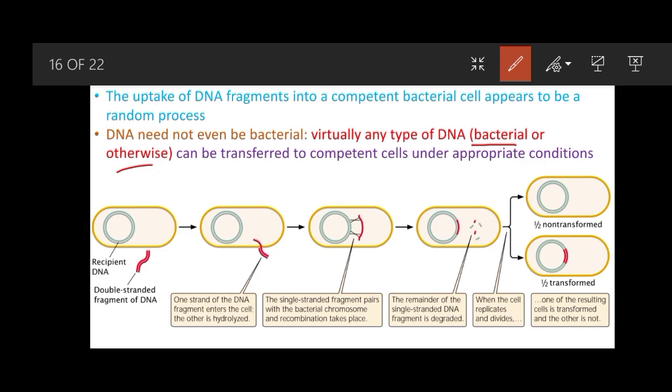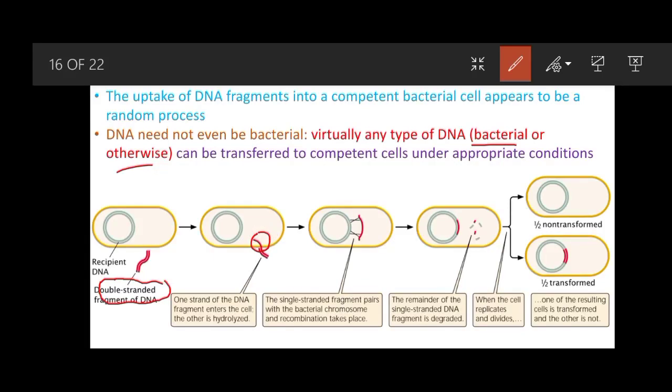As we can see in this figure, a double stranded DNA fragment comes across the bacterial cell, and only one strand of this double stranded DNA is taken up by the cell.